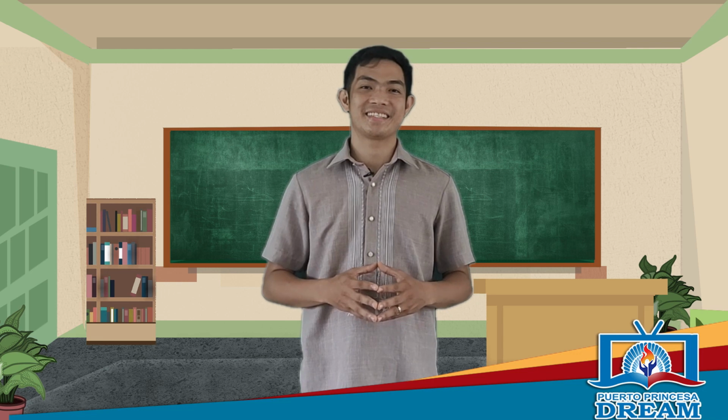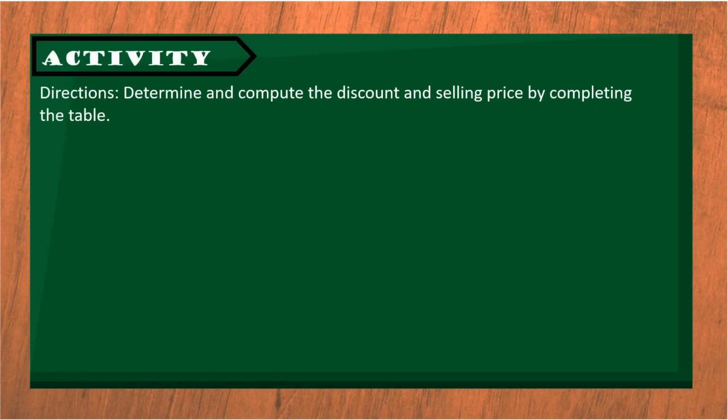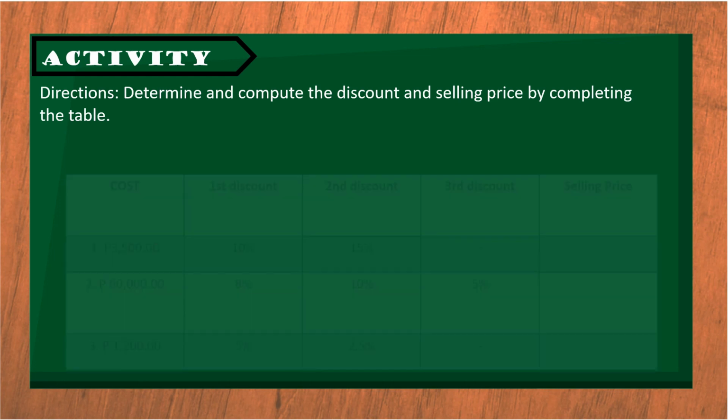To fully engage ourselves in this lesson, let us answer our activity 2 in your learning activity sheets. Directions: determine and compute the discount and selling price by completing the table.